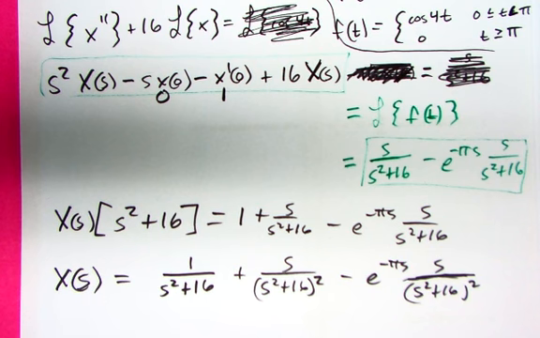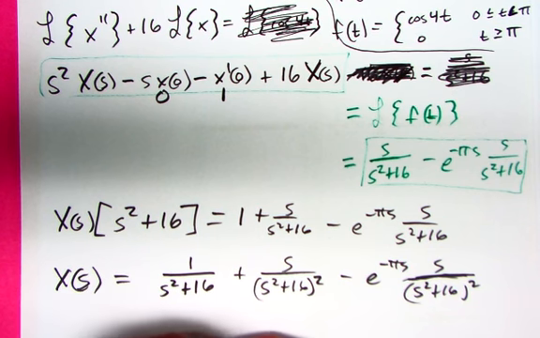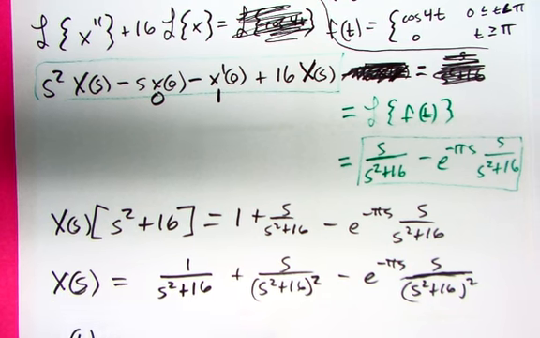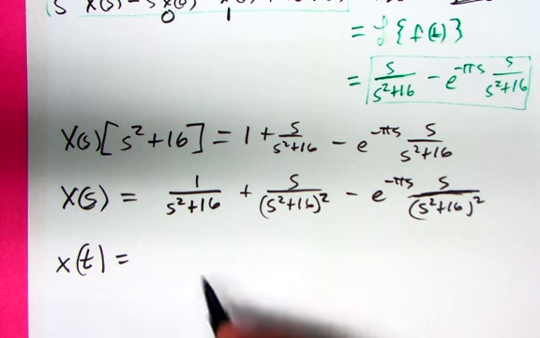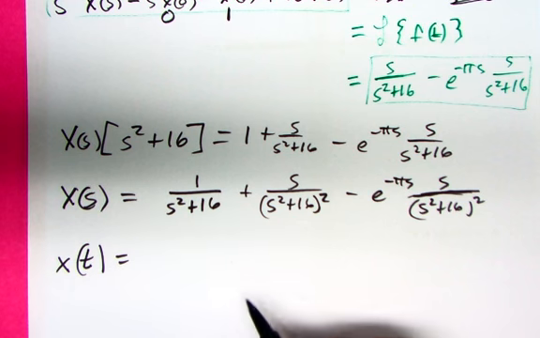Okay? So then little x of t will be what? Inverse, right? So what's the inverse of 1 over s squared plus 16?